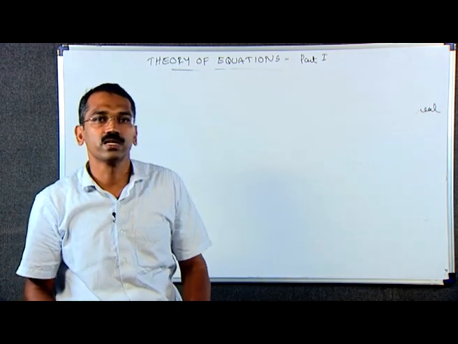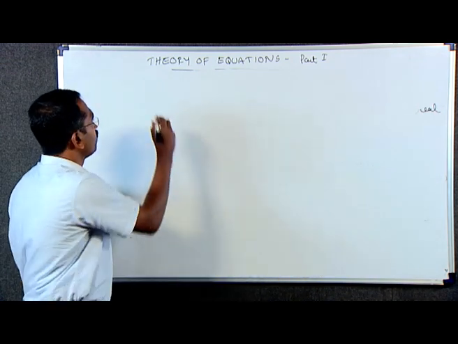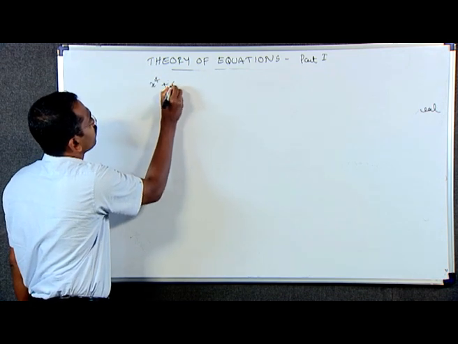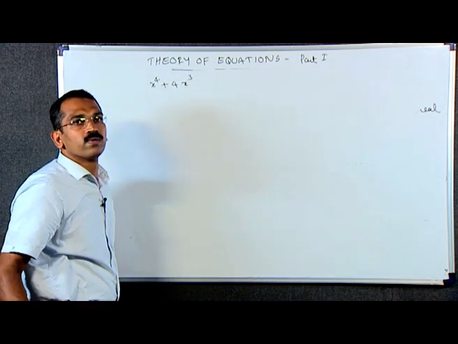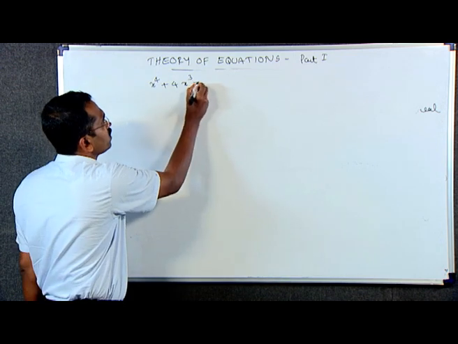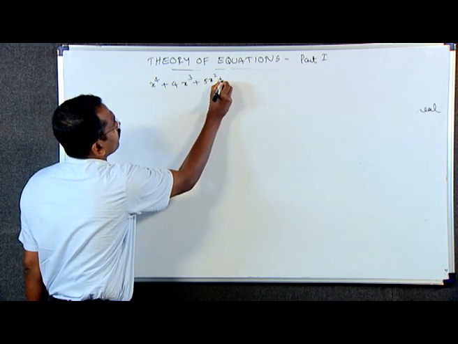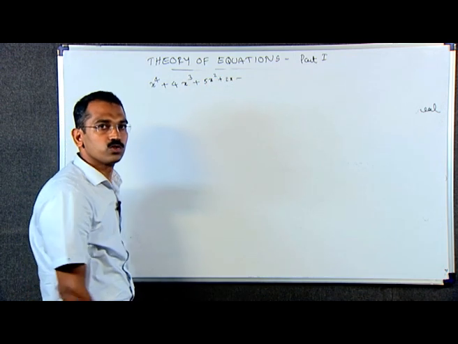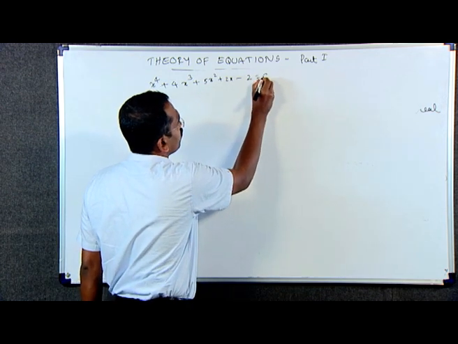Solve the equation x raised to 4 plus 4x cube plus 5x square plus 2x minus 2 is equal to 0.